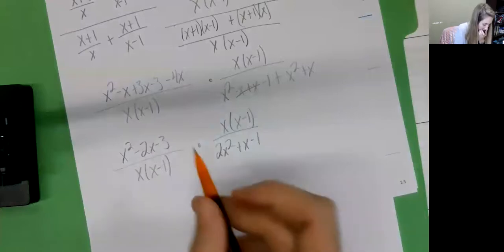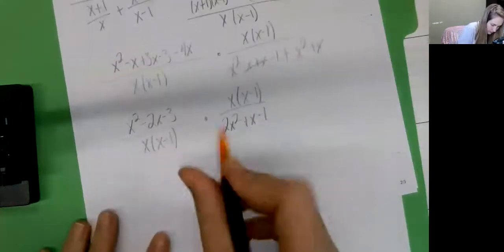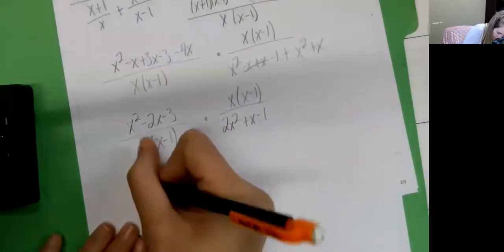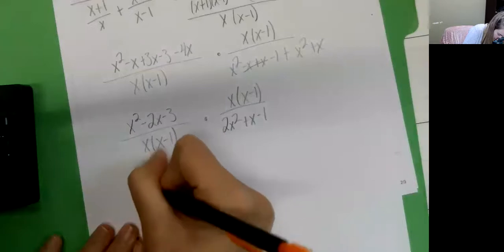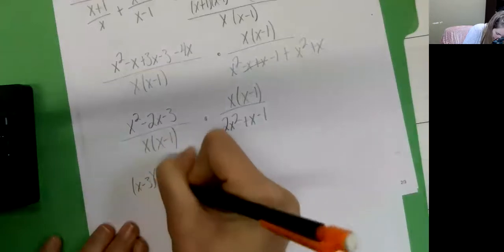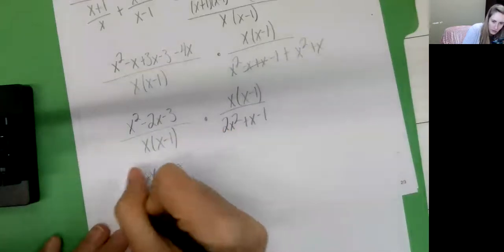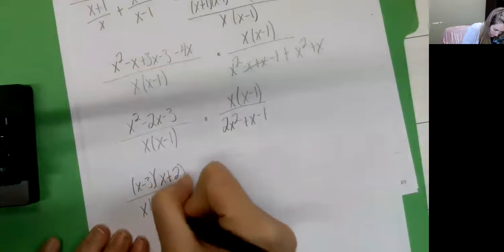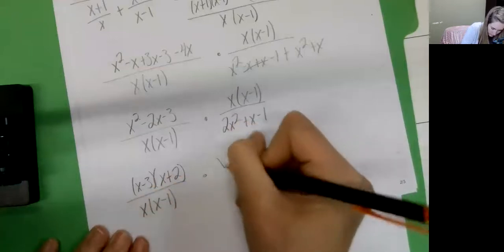All right, now that I have to factor these, factors of 3 that subtract to get 2 would be 3 and 1, so I have x subtract 3 times x plus 2 over x times x minus 1.